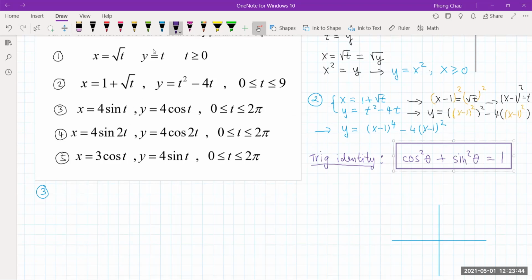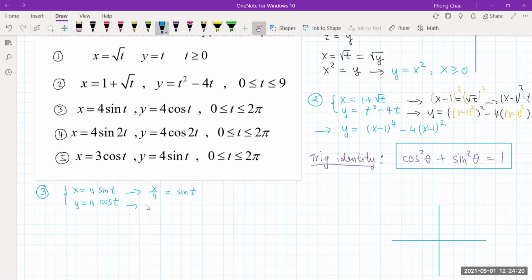So looking at number 3, I'm going to do this technique, okay? For number 3, we have x equals 4 sine t and y equals 4 cosine t. In order to use these identities, we need to isolate the sine and the cosine. So if I divide both sides by 4, I have x over 4 equals sine of t.